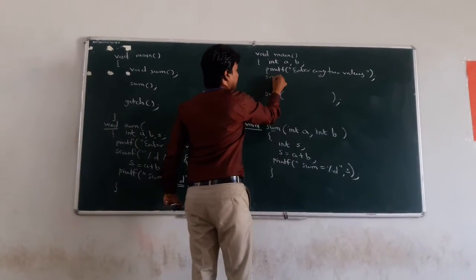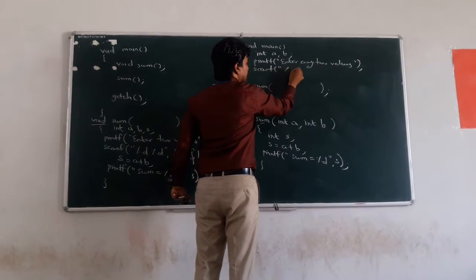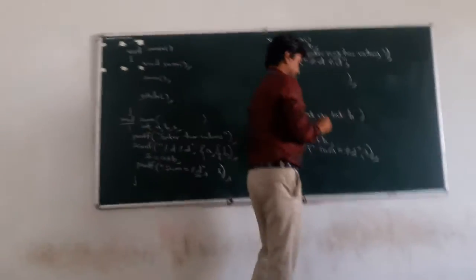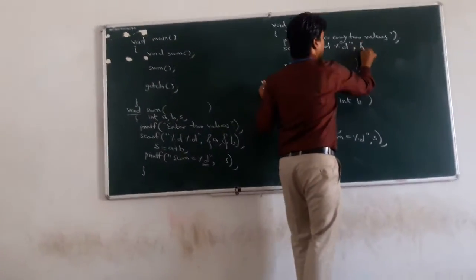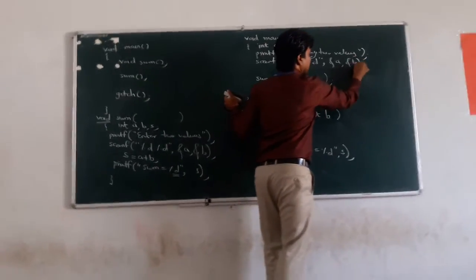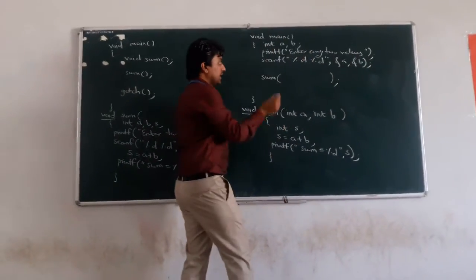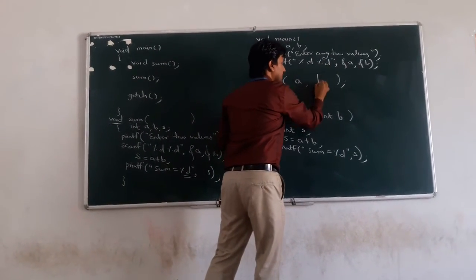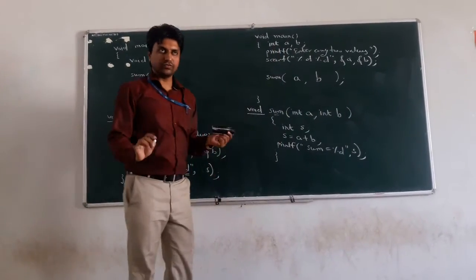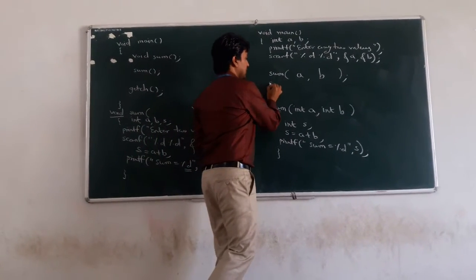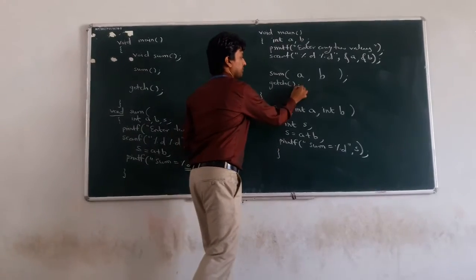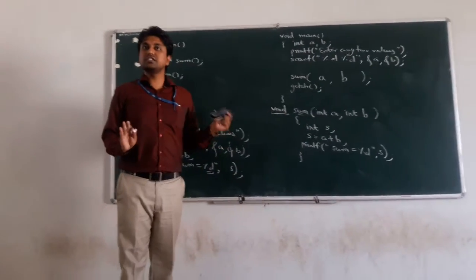Next is scanf, %d %d, comma, ampersand of a comma ampersand of b. Clear? And sum passes the actual values, that is a comma b. The actual values are passed to this function. This is the code.